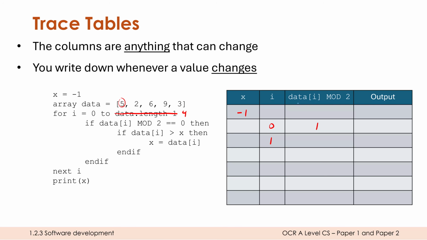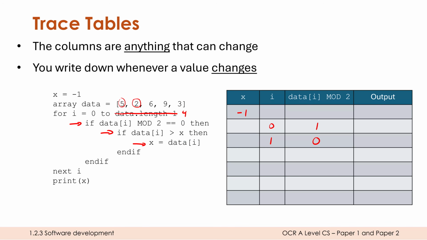We do data index 1 mod 2 again, this time looking at 2. Well, 2 mod 2 is going to be 0. Therefore, this if statement does run. We therefore look inside. If data index I, so if data index 1, which is 2, is bigger than x, we're going to set x to be that value.